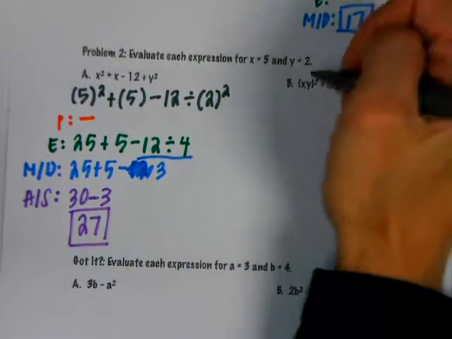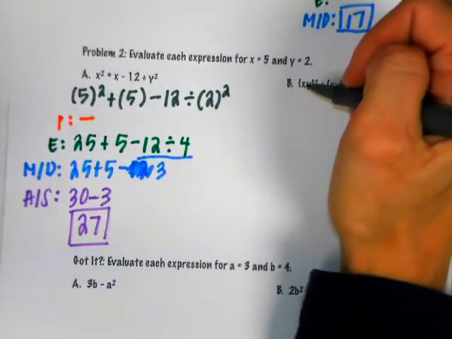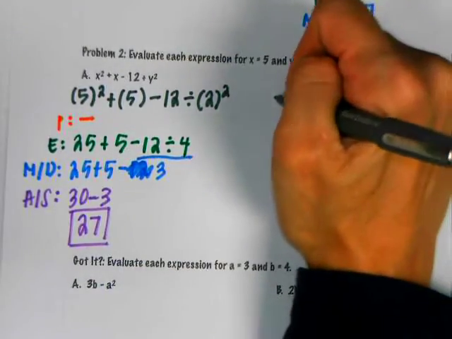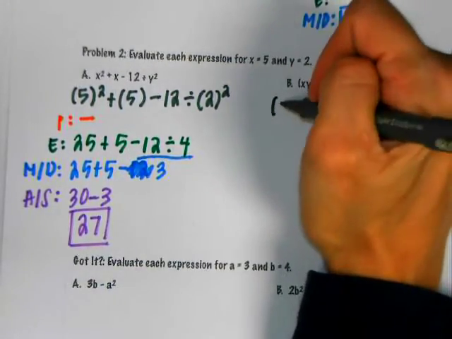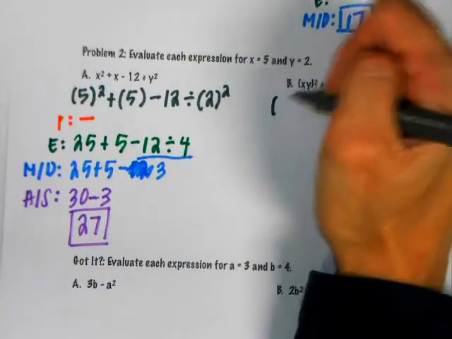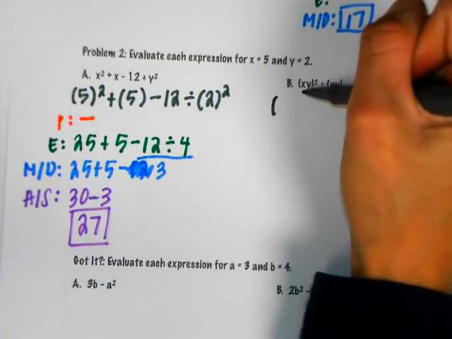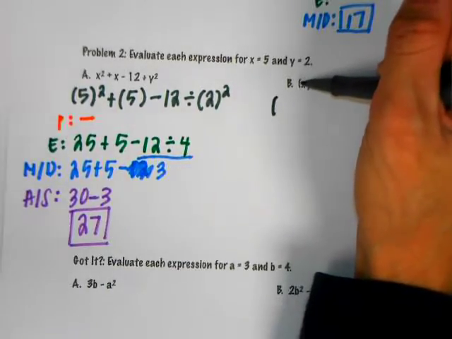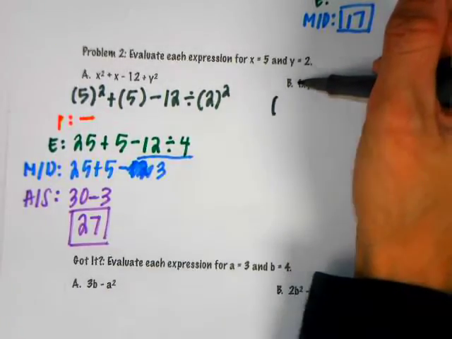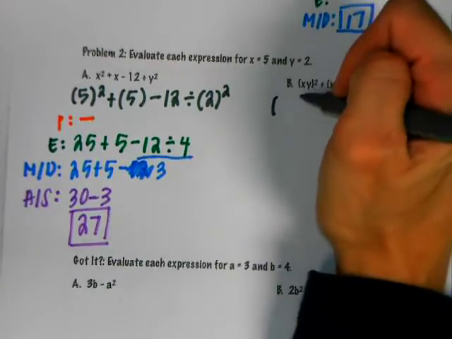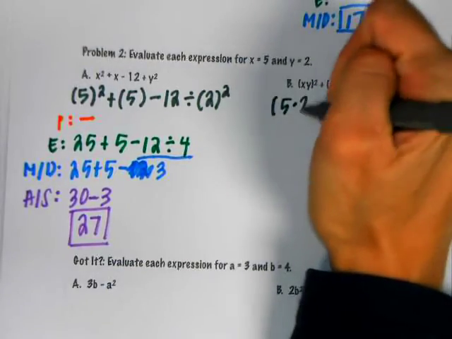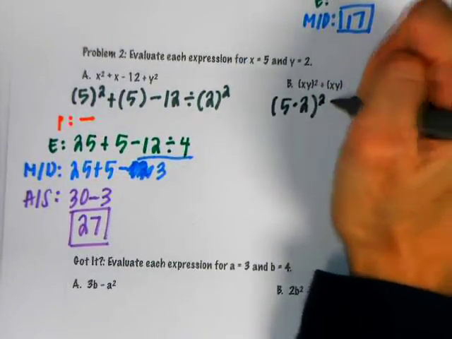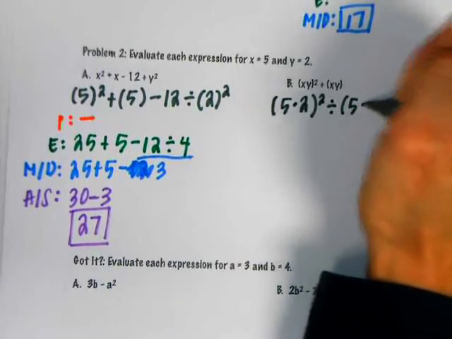So when you plug them in, I like to add a little multiplication dot in there. Technically, you would put another parentheses in there. The only time you really need to do that is if you have an exponent happening in there, then you've got to put parentheses around whatever has the exponent, but otherwise you don't need them, okay? So here I'm going to have 5 times 2 squared divided by 5 times 2.